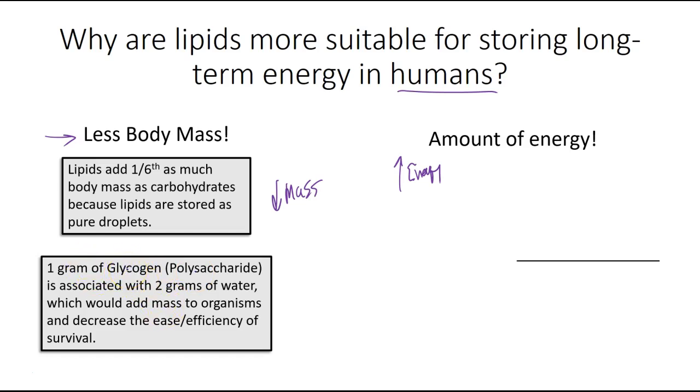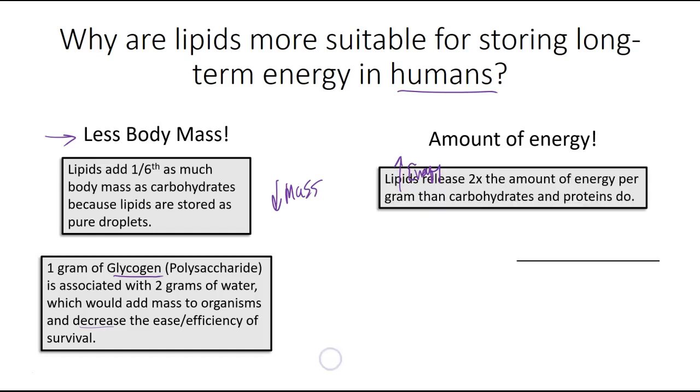If we stored the energy that lipids afford us in the form of glycogen, you would have to be 6 times more massive than you currently are, which is going to decrease the efficiency of every one of your cells, and it's going to require 6 times more energy just to break even when we talk about cellular demands. So it's really beneficial from an organism standpoint to be less massive and simultaneously more energetic, which is essentially the benefit that lipids afford us.